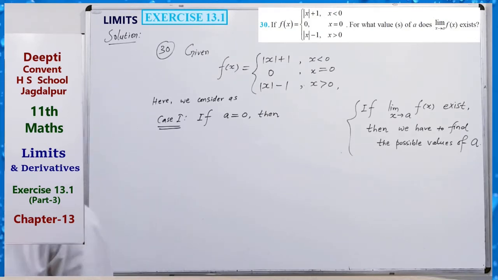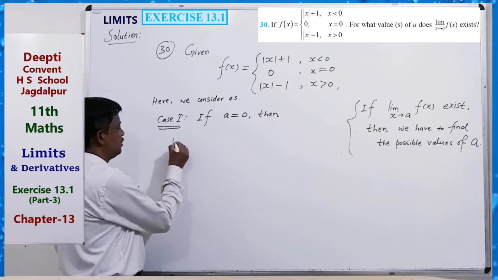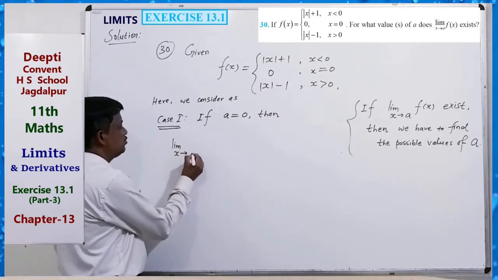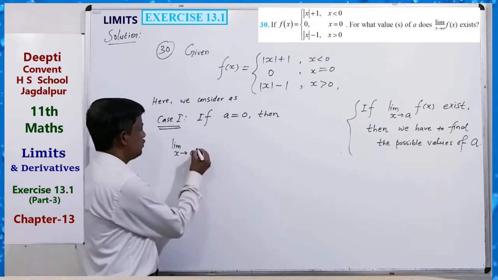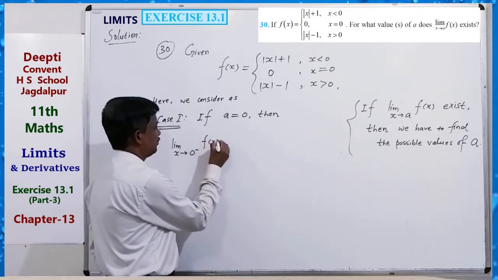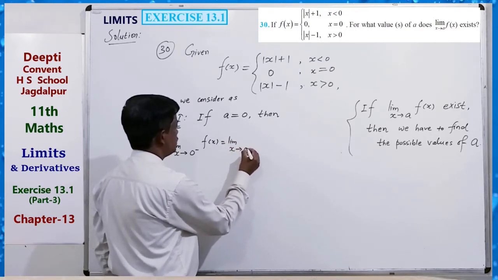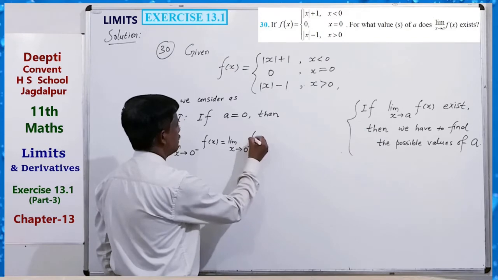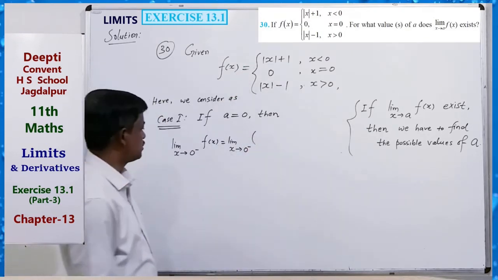For a equal to 0, the limit as x tends to 0 from the negative side, the left hand limit of f(x): for x less than 0 it is mod x plus 1.